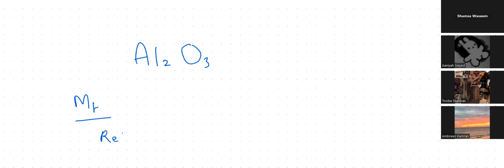An ionic compound. Very good, because it's an ionic compound. Excellent. Calculate the MR of this compound, okay? I'm writing the relative atomic mass of aluminum is 27. The relative atomic mass of oxygen is 16.